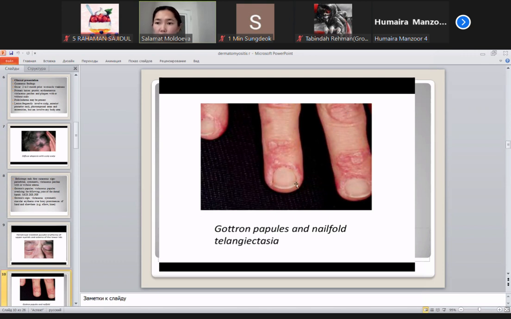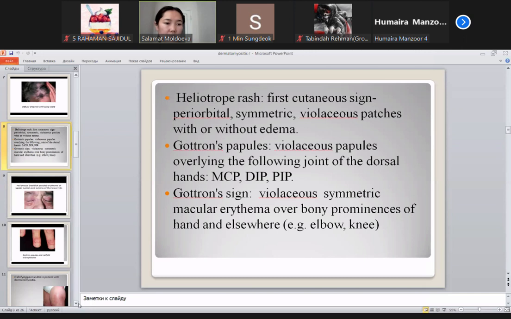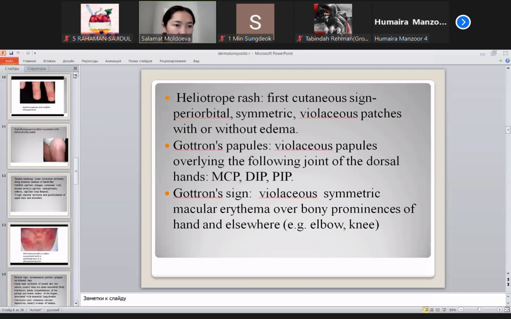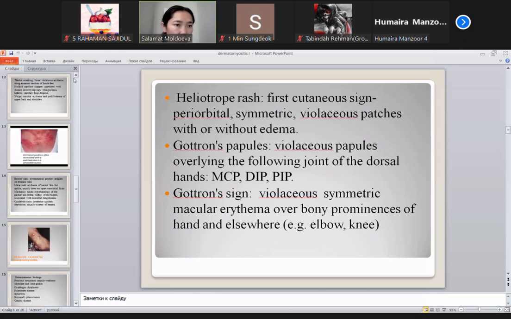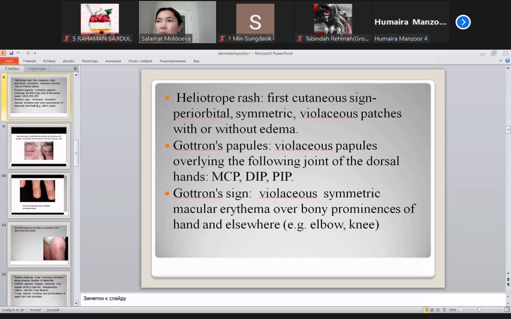Papules always include some little fluid inside, you know about this. And nailfold telangiectasia will be here also. Next is Gottron sign. Gottron sign is different from Gottron papules. Gottron papules are on the dorsal part of MCP, PIP, DIP.